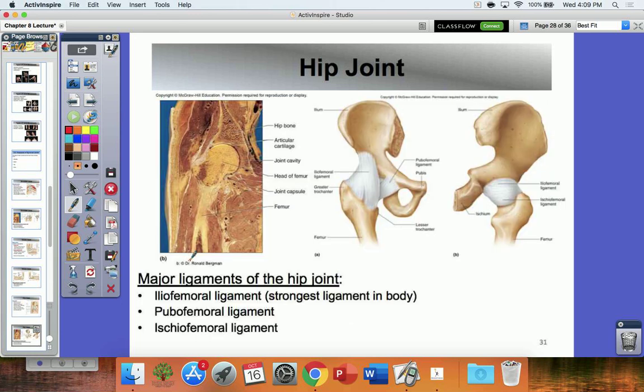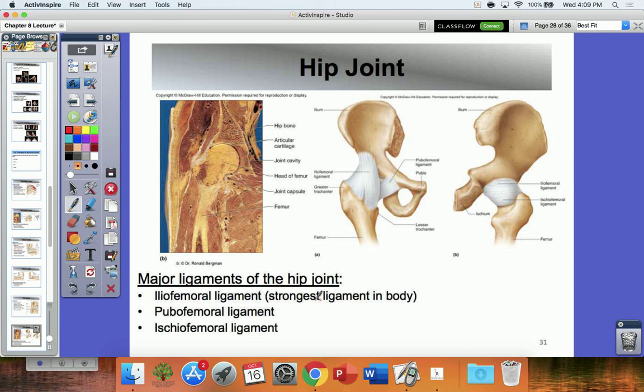Some of the ligaments we have in the hip: iliofemoral, a very complex looking ligament name. Ilio is for ilium. Remember the ilium, ischium, pubis? So it stems from the ilium. Femoral, and it goes down to the femur.